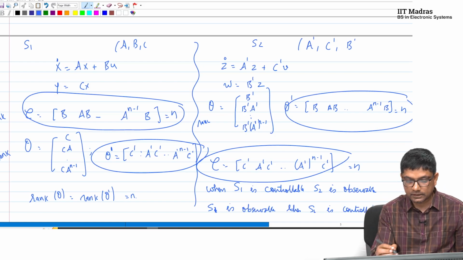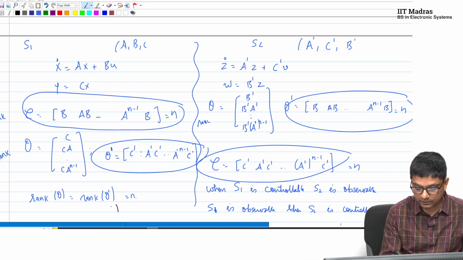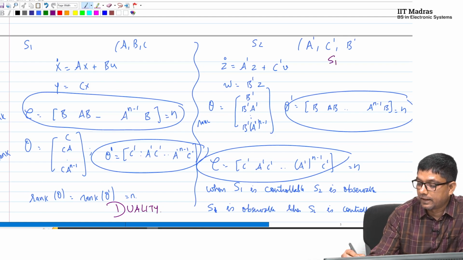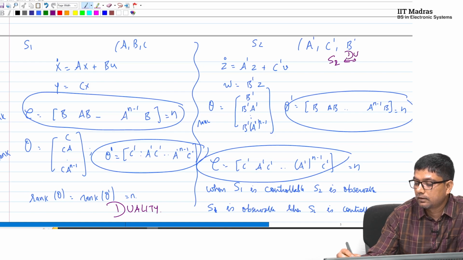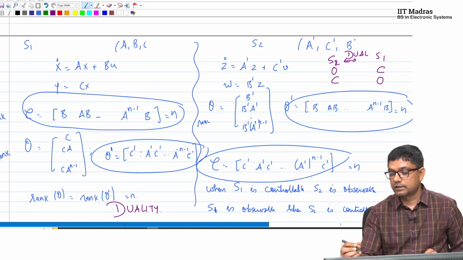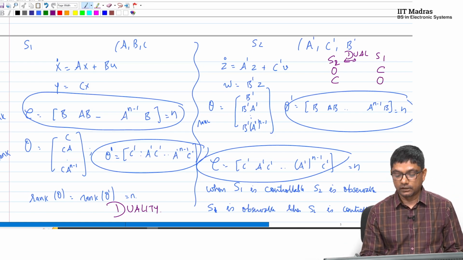So, there is some kind of what is called a duality between controllability and observability, and S2 is the dual of S1 in such a way that if S1 is controllable, S2 is observable, and if S1 is observable, S2 is controllable.